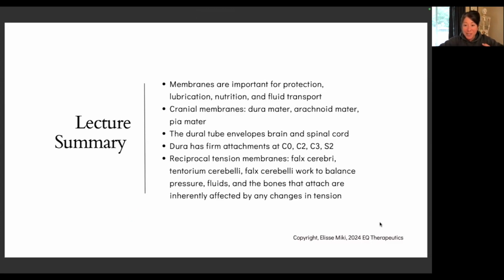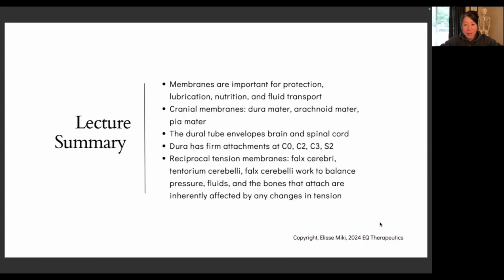The cranial membranes, as a review, are the dura mater on the outermost layer, the arachnoid mater on the middle layer, and the pia mater on the innermost layer. The dural tube is that continuation of these membranes around the spinal cord and brain that is continuous. Remember that it has some firm attachment sites though at C0, C2, C3, and S2. And in some specimens, we may find attachments at C1 as well.